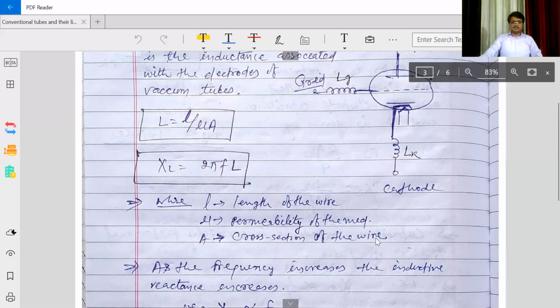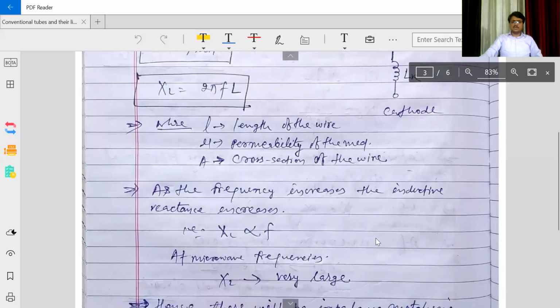That is very simple. As the frequency increases, the inductive reactance increases. XL is directly proportional to F.